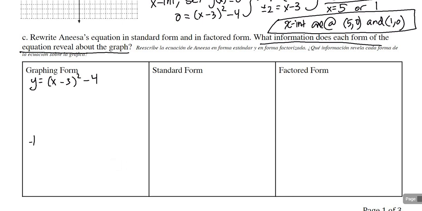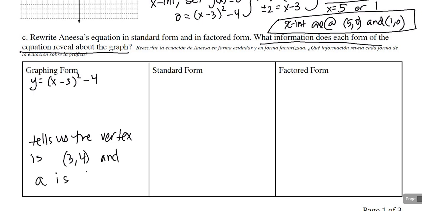Well, it tells us the vertex is (3, negative 4), and a is 1. This comes from the graphing form equation, which is y equals a(x minus h) squared plus k.